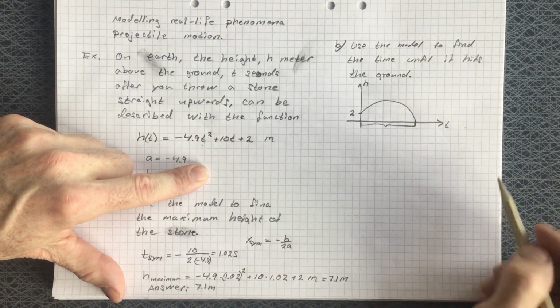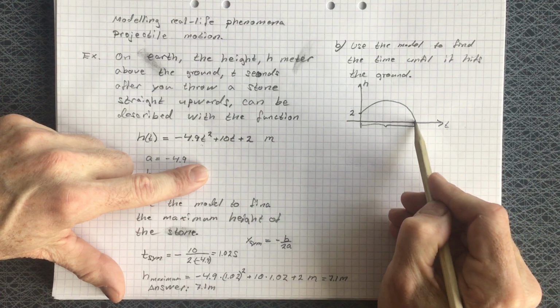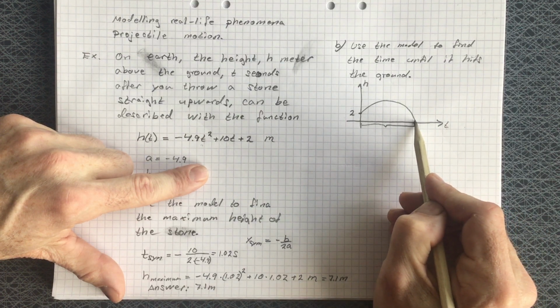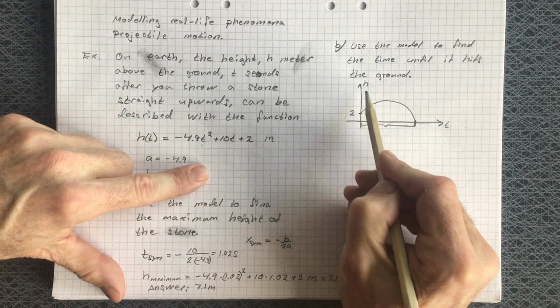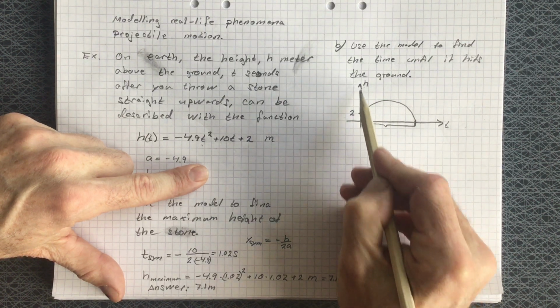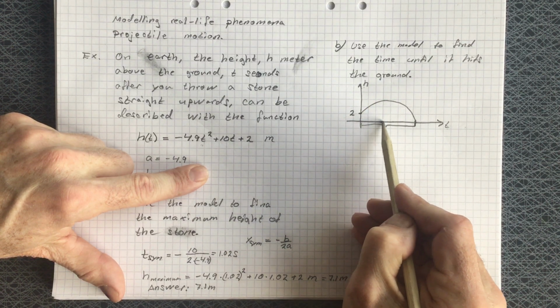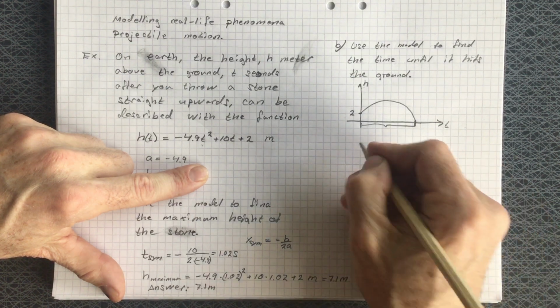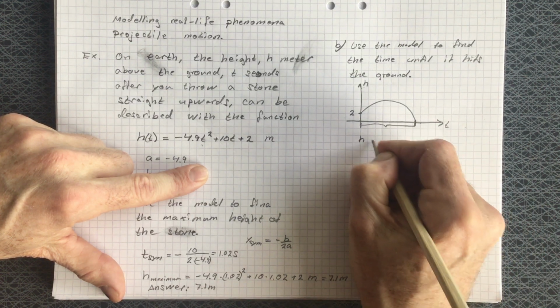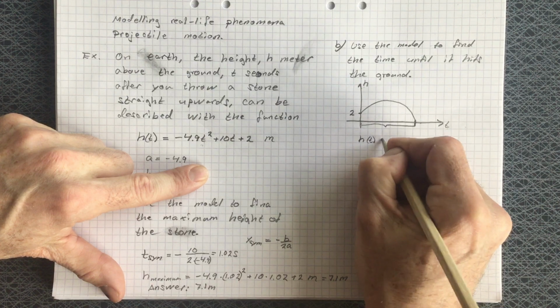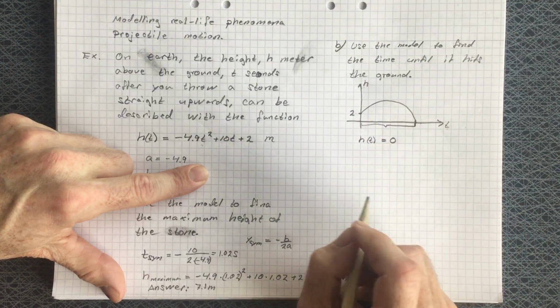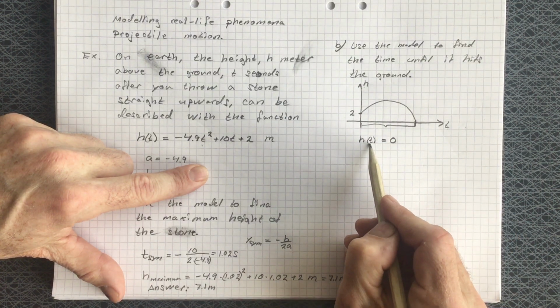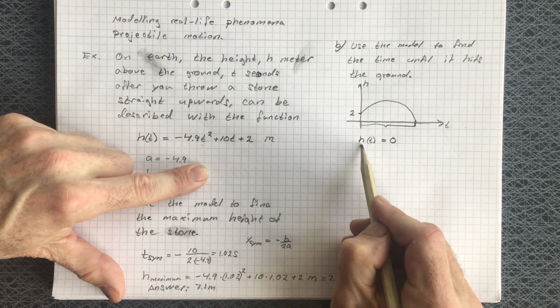Now, you see, the time when it hits the ground is when the height is 0, because the height is 0 here and all along this axis. So the height that depends on the time has to be 0. So the question is, what time gives us the height 0?